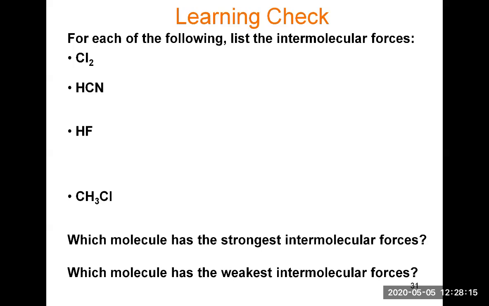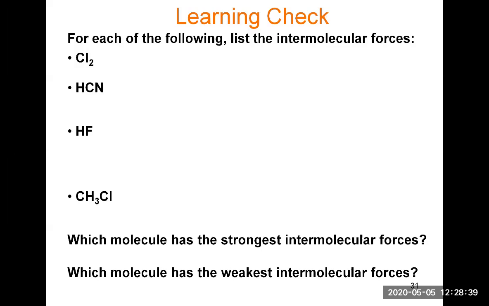It's not between other molecules of a different kind. It's molecules of the same kind. So within the same pure substance, what are the intermolecular forces that are holding the molecules together? And so that means the ion-dipole is not an option when you are asked that kind of question.